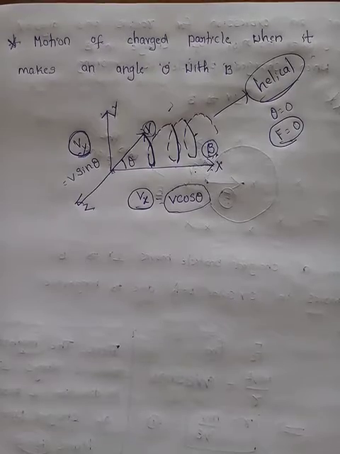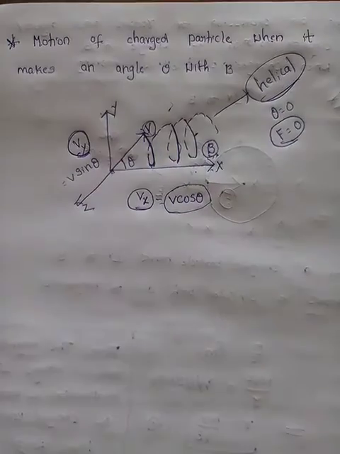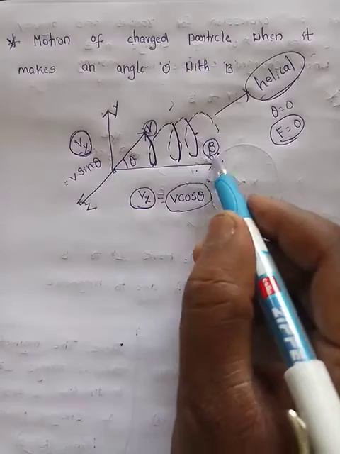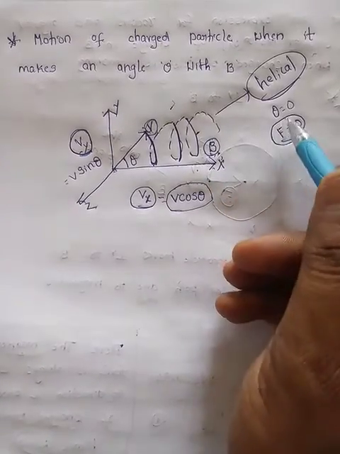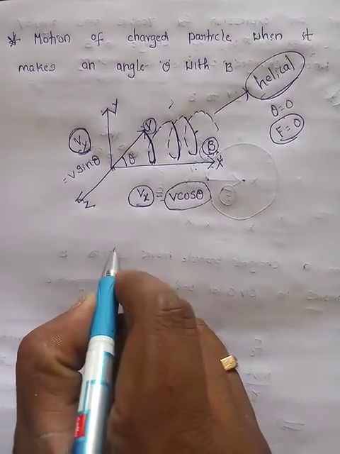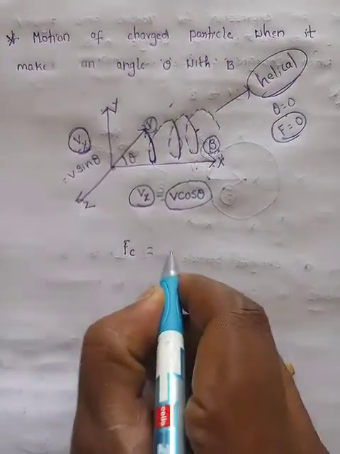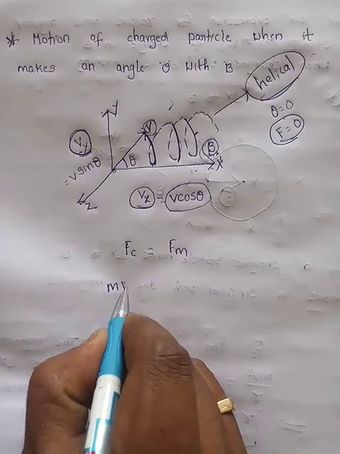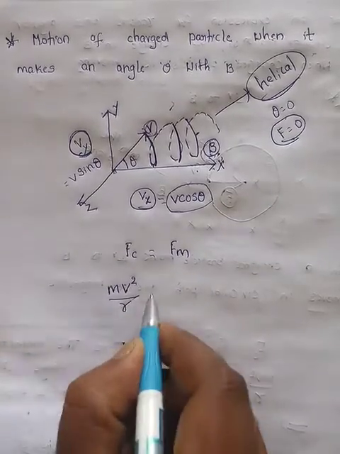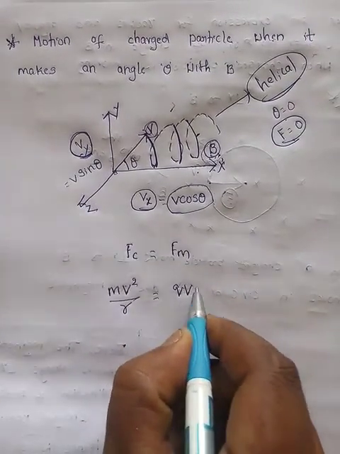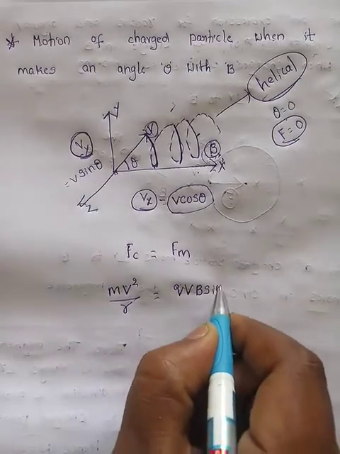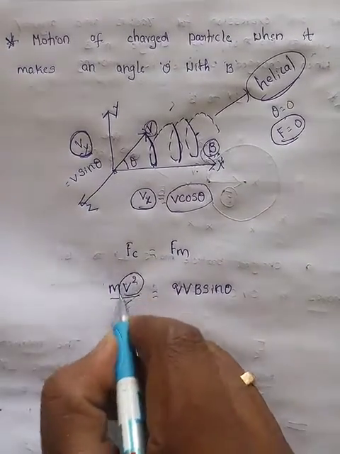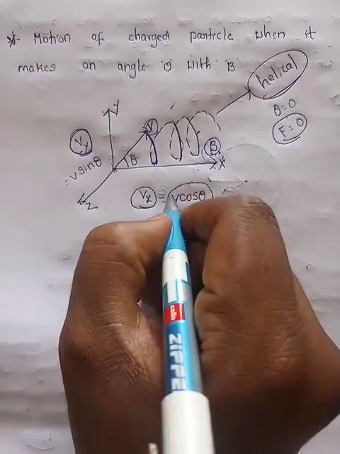Here the vertical component is undergoing force under the magnetic force, so we can say that here also Fc is equal to Fm. But here m v square by r is equal to what? qvB sin theta. Which component should we write? v cos theta?